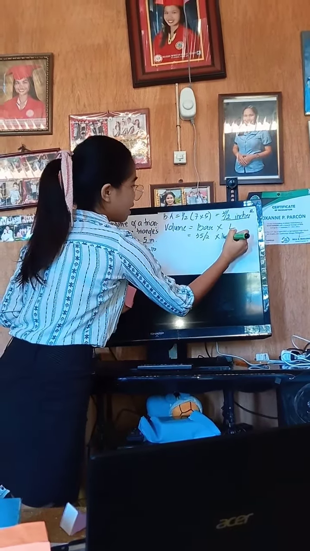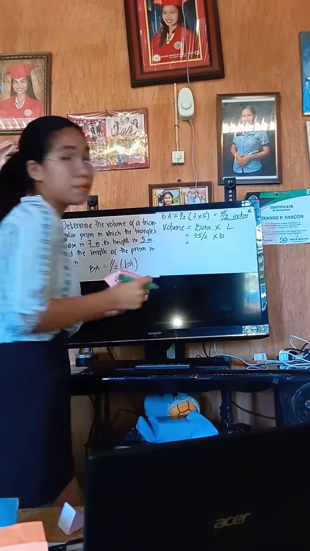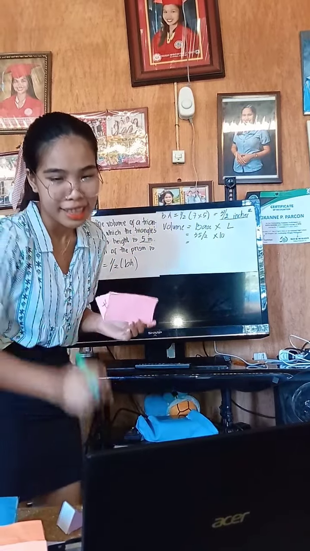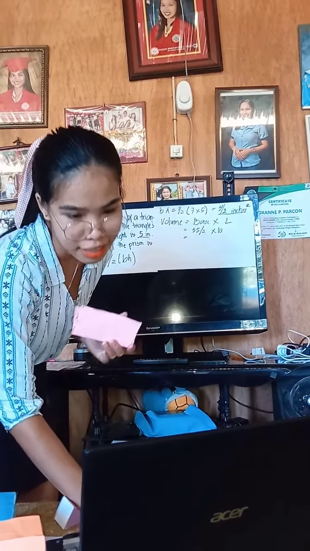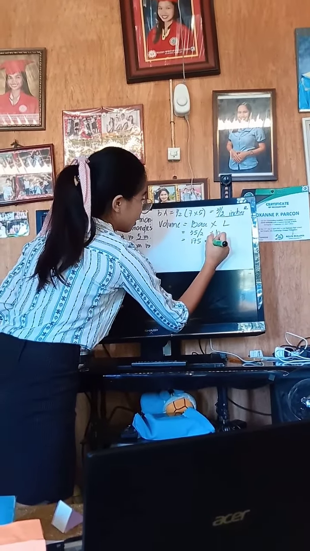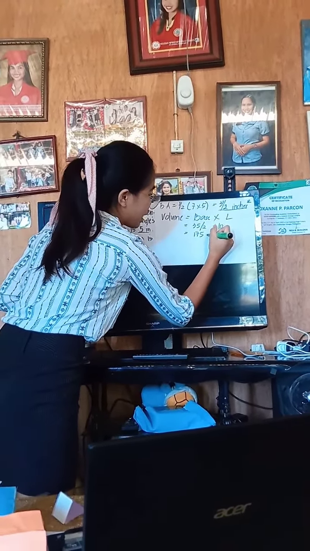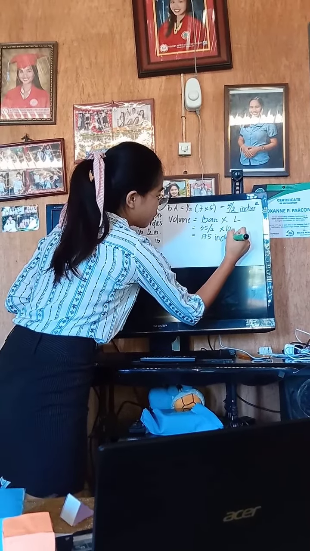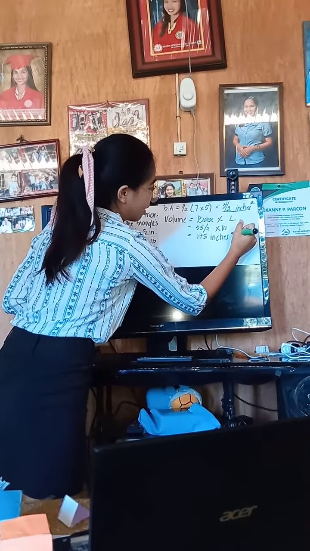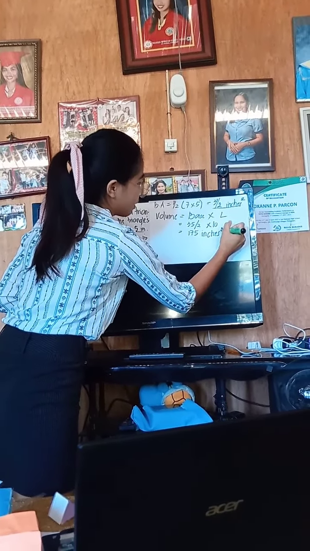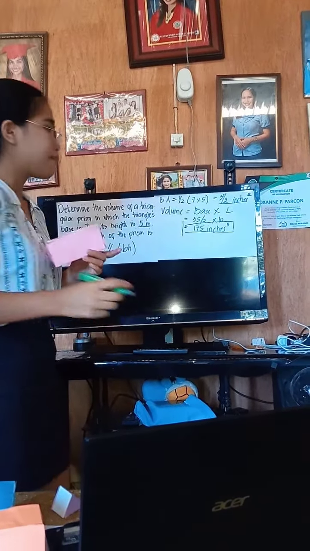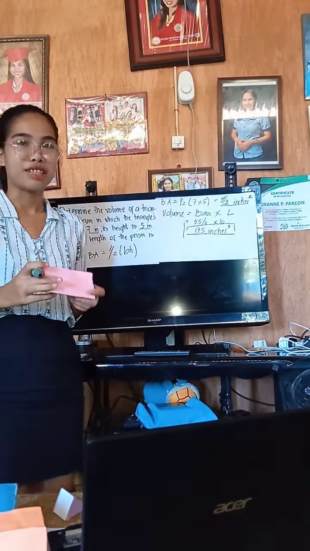So times 10, and the answer would be what? Okay, the answer is 175 cubic inches. This would be the unit of what we get. So this is the final answer, 175 cubic inches.